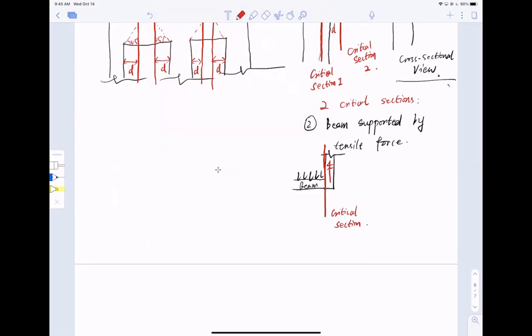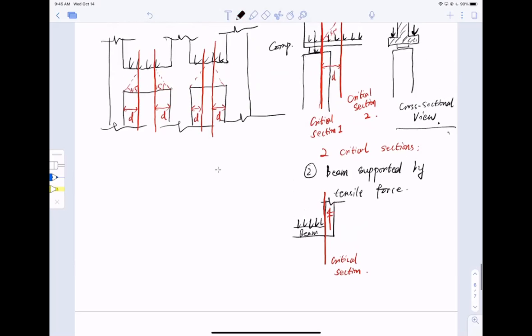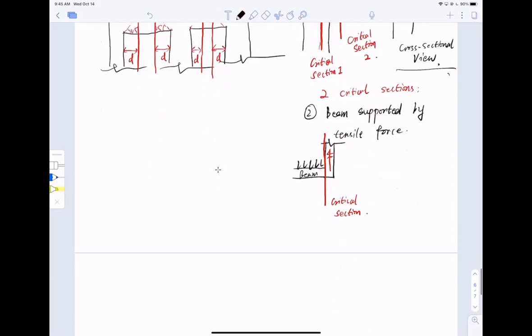Okay, so another case, category D, other cases. I might have a concentrated force as well.